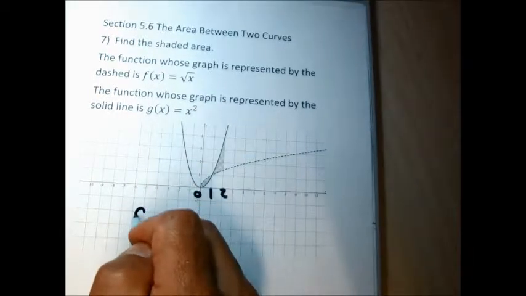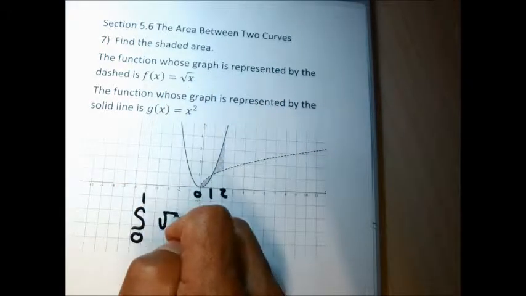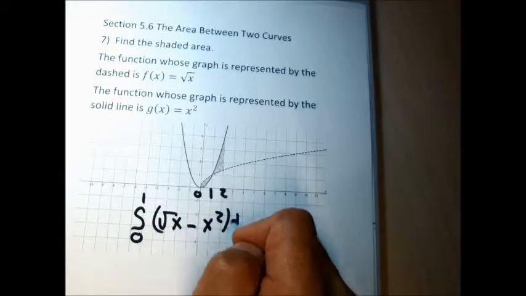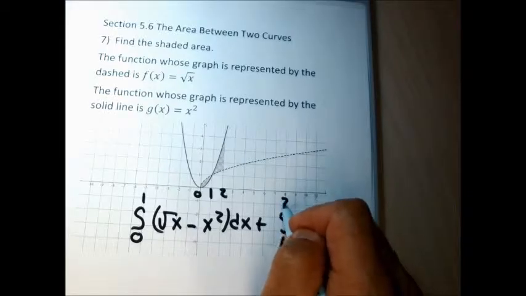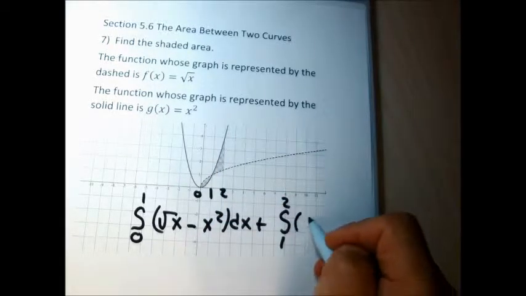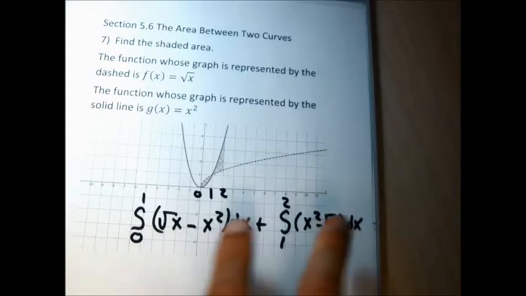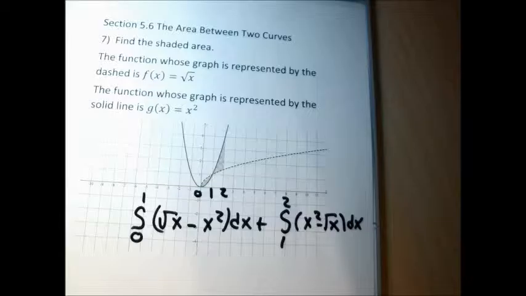So you're going to have to integrate from 0 to 1 the top function, square root of x, minus the bottom function, x squared. And then you're going to have to integrate from 1 to 2 the top function, x squared, minus the bottom function, square root of x. And I have to do these as two separate activities on my calculator. Again, the graphs on my calculator don't match the graphs when I do these subtractions, but the area is still correct.